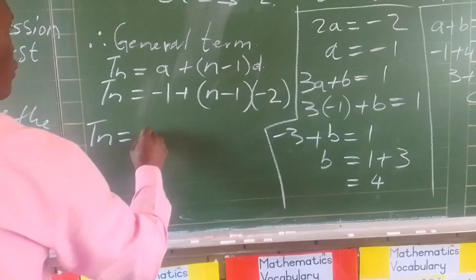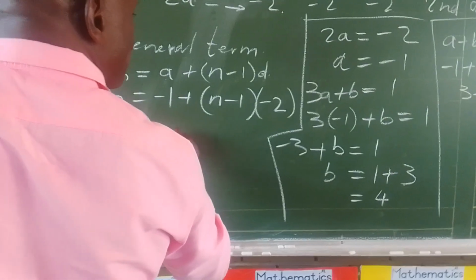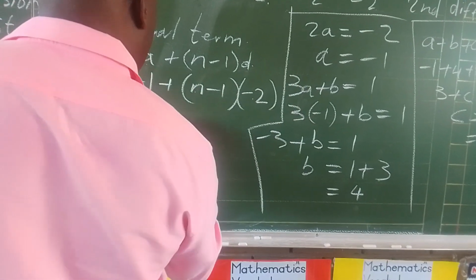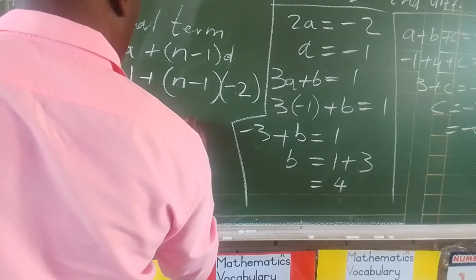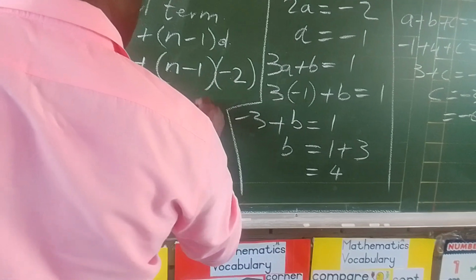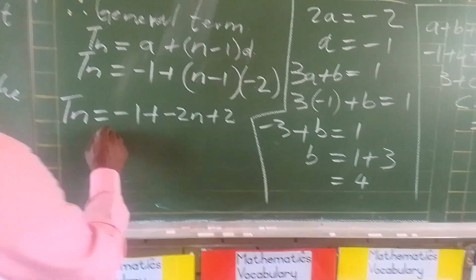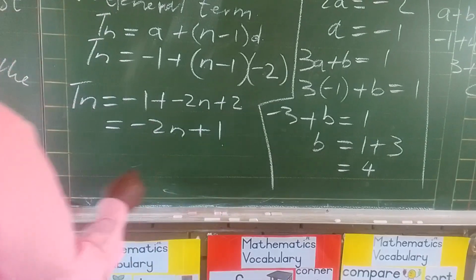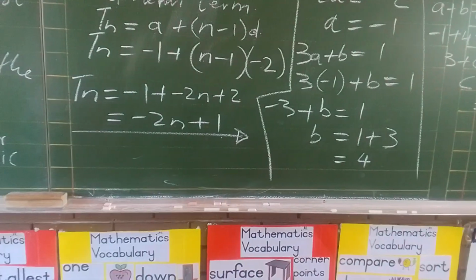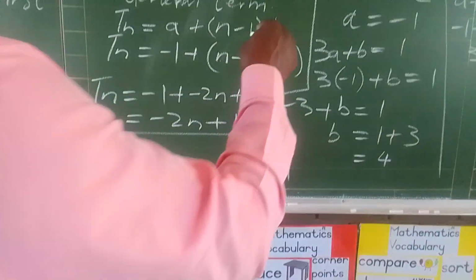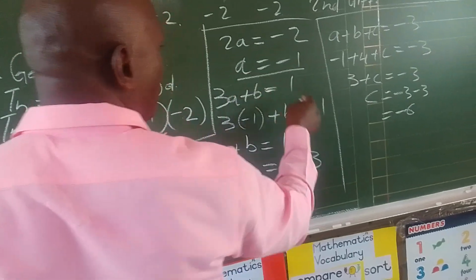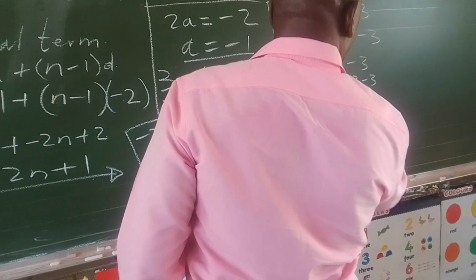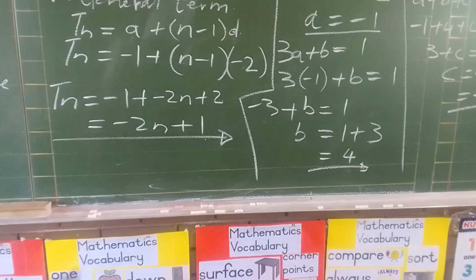Then your general term is going to be -1 plus (n minus 1) times -2, which is -2n, negative times negative is positive, plus 2, which is -2n plus 1. This is your general term for 3 marks. We are still going to use the values A = -1, B = 4, C = -6 as the question progresses.